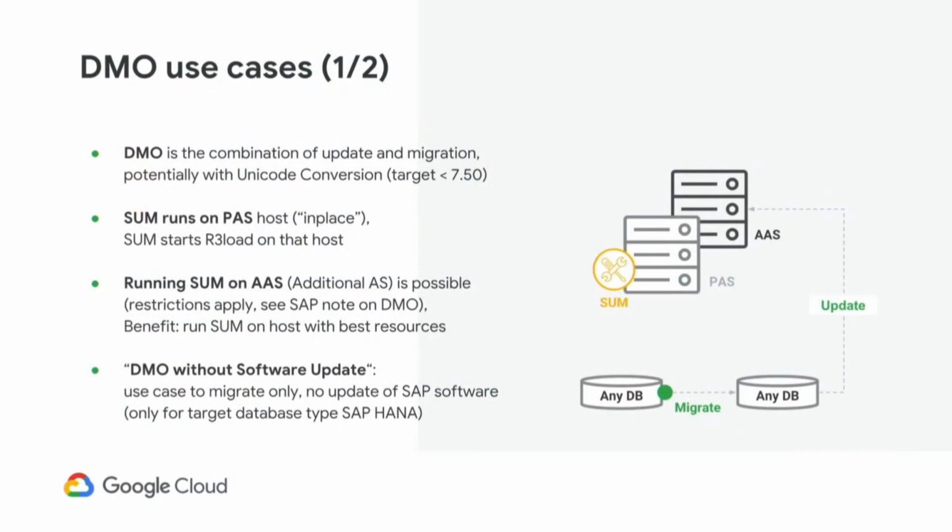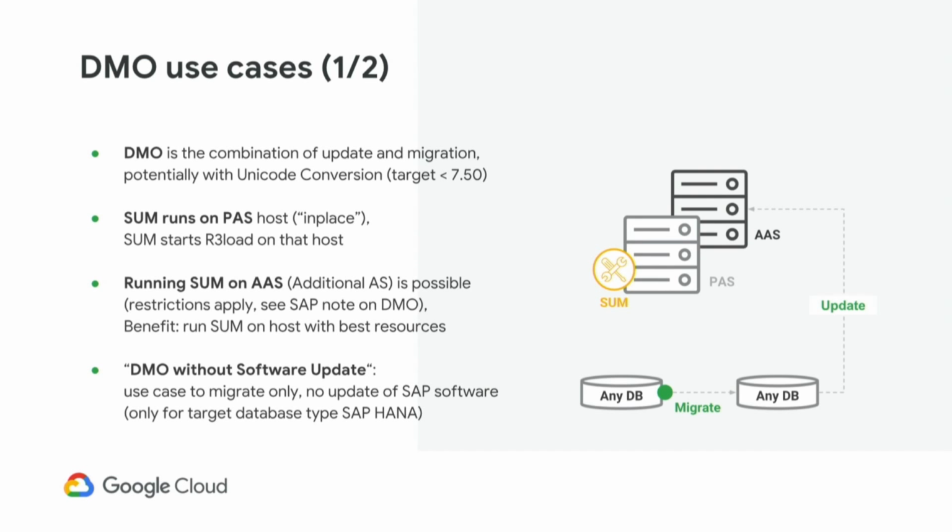So I'm sure that our SAP folks will explain this in a much more accurate way, but a quick recap, DMO is the combination of update and migration, while at the same time potentially doing Unicode conversion. SAM runs on the primary application server, right? Or it can also run on an additional application server with some restrictions that SAP have documented.